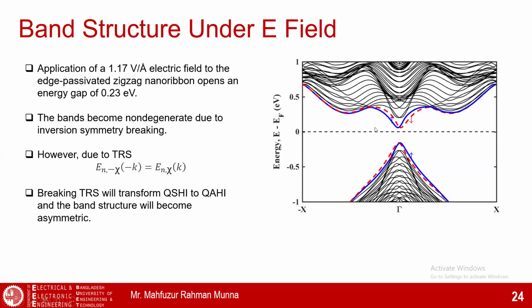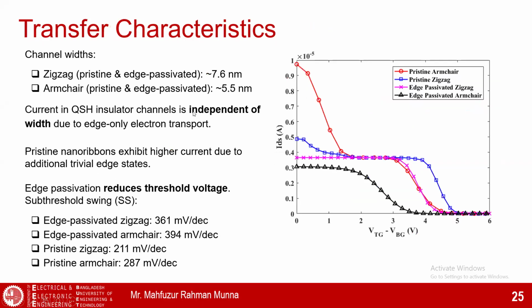However, as time reversal symmetry is still intact, the energy of down spin electron at K is equal to the energy of up spin electron at minus K. And due to topological phase transition, an energy gap opens of 0.23 electron volt at the electric field strength of 1.17 volt per angstrom.